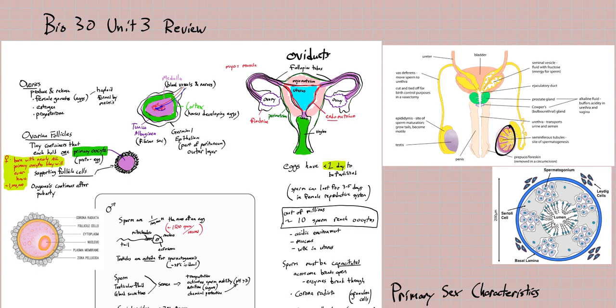We're working on millions of them at a time, though, so that's all right. And once they're almost ready to go, the sperm will then leave and head towards the epididymis, which isn't labeled in here. And they will finish their maturation there, and then they'll head down this long tube called the vas deferens.